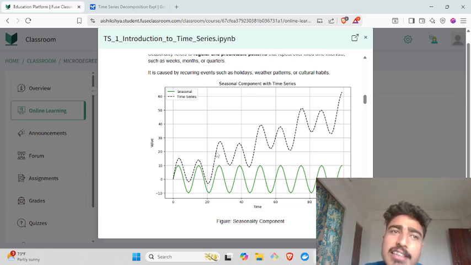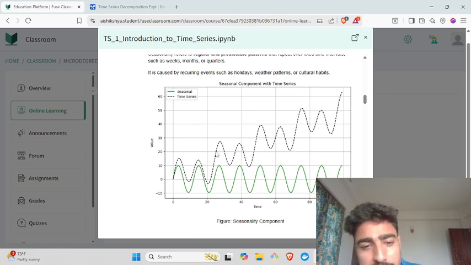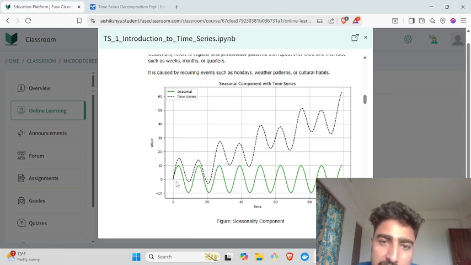Christmas comes yearly, and by tracing the sales, the seasonality can clearly be seen, and how this time series is showing its behavior.